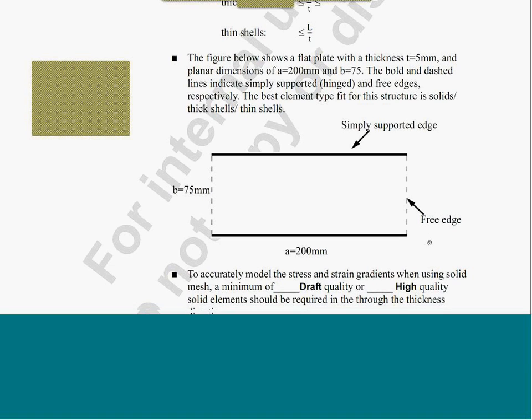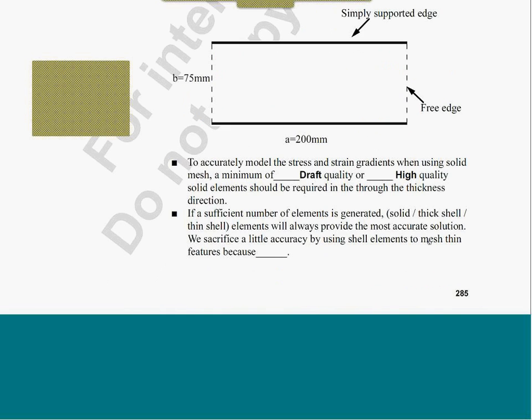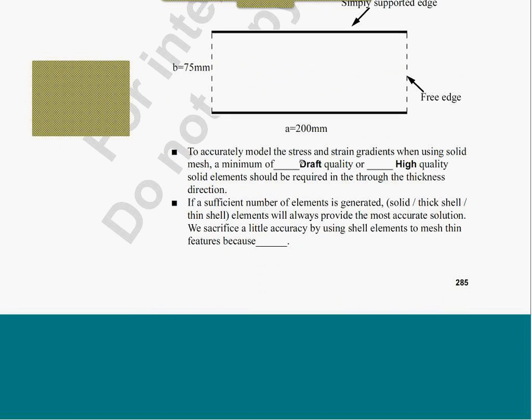To accurately model the stresses and strain gradients, a minimum of dash draft quality or dash high quality elements should be required through the thickness. I think this is what we discussed in a few classes. I would prefer answering myself because we are adding a draft quality here. Typically, what we speak of is 2 elements across the thickness.